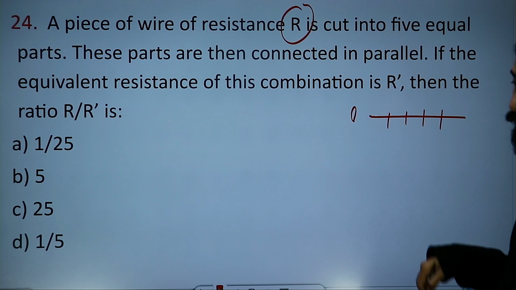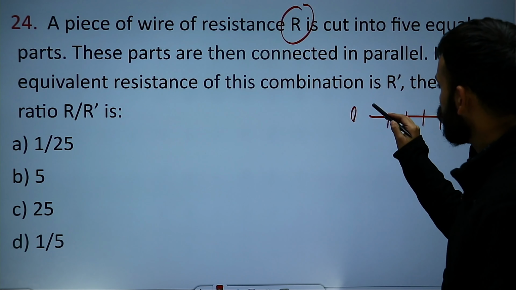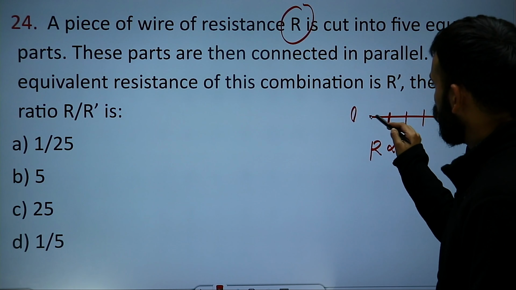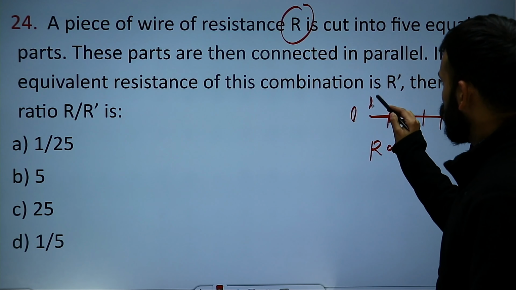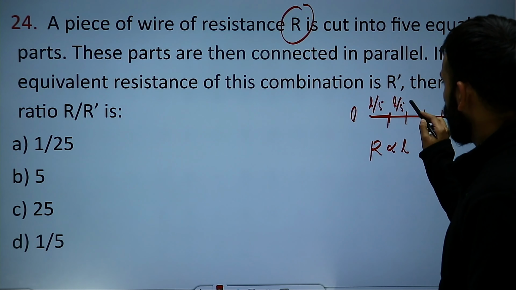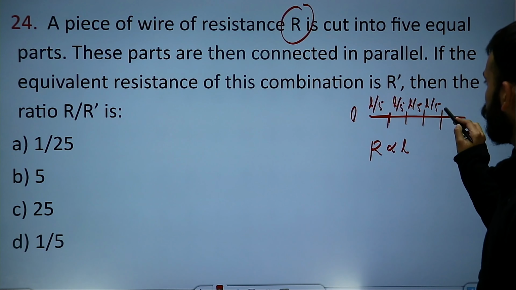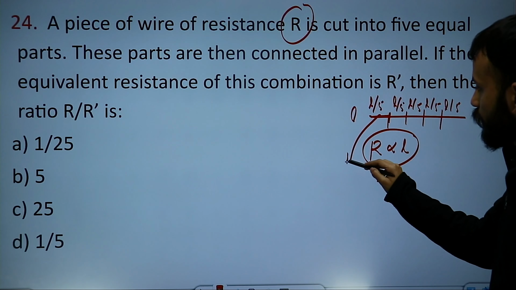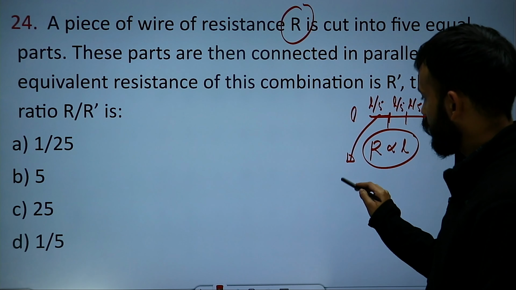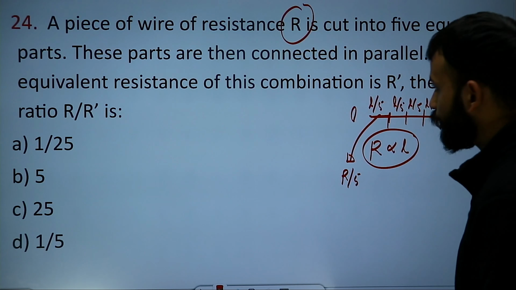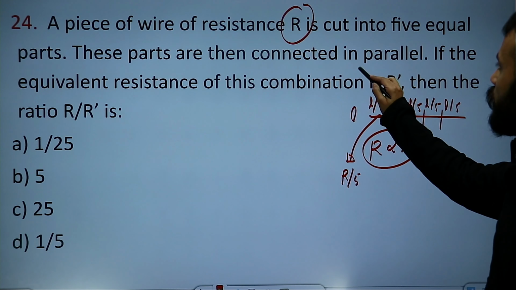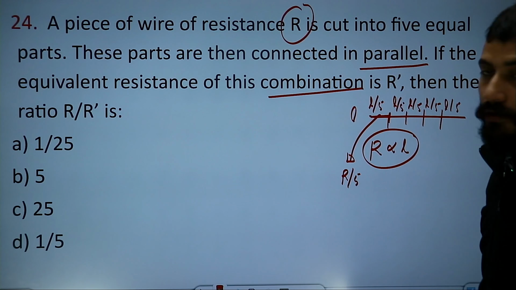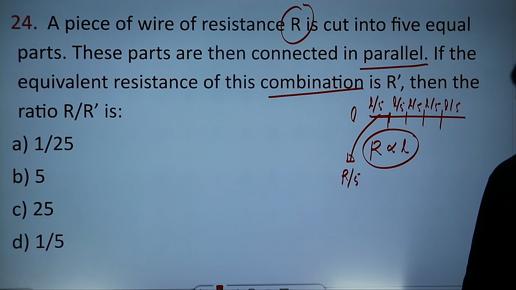Since the length is divided into 5 equal parts, and resistance is directly proportional to length, each piece will have length L by 5, and so each piece has resistance R by 5. Now these parts are connected in parallel, and we have to find the equivalent resistance of the combination.